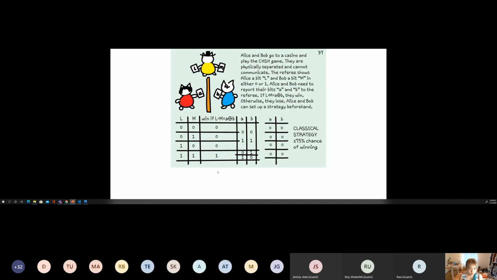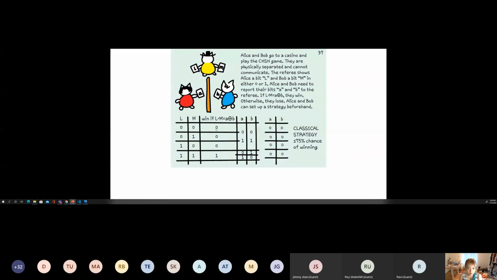So if you set up the truth table for this, you will have 0, 0, 0, 1, 1, 0, 1, 1 for L and M. And then you can calculate what L times M equals: 0, 0, 0, 1. So if A control B gives exactly this, and they can play this game many times, each time they guess it correctly, they will be winning.